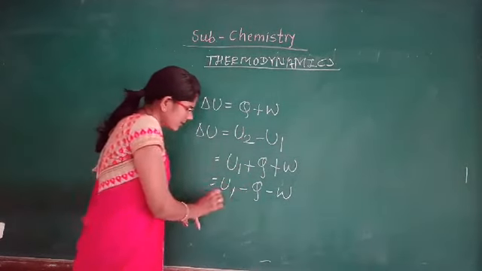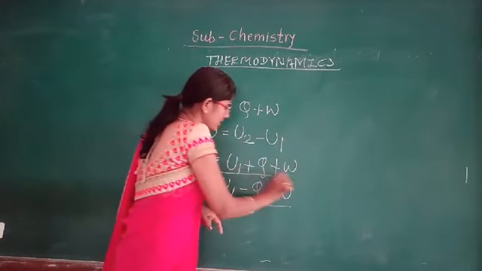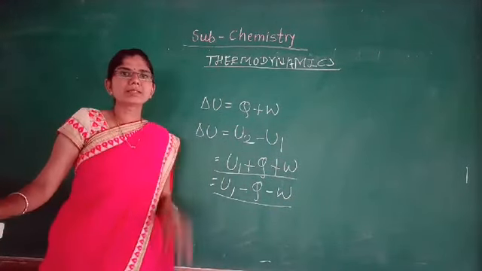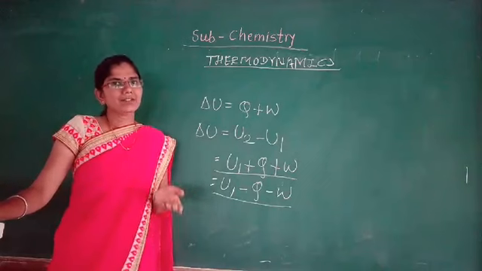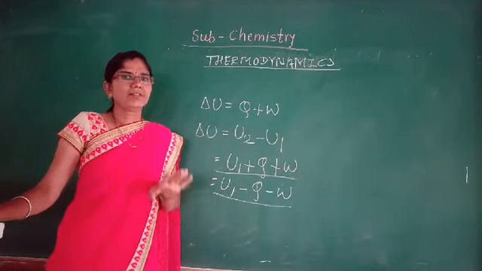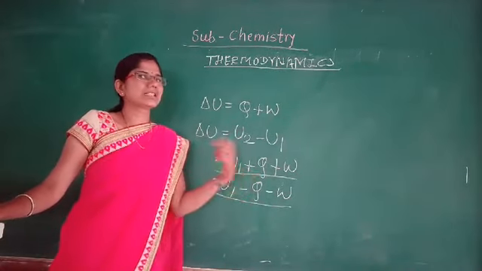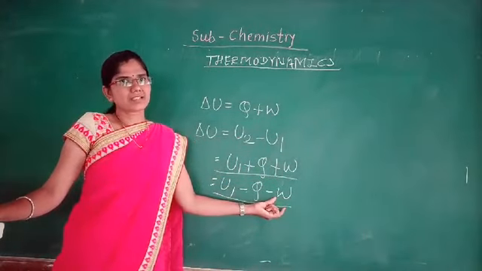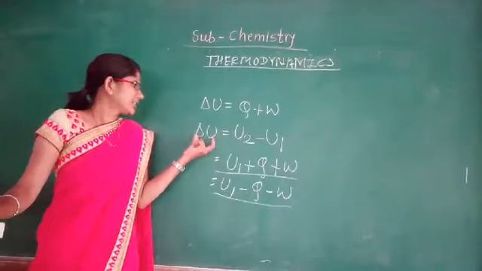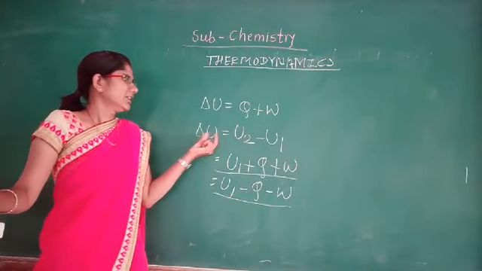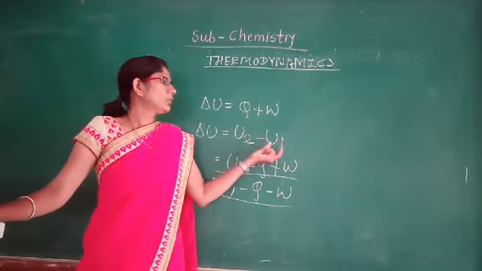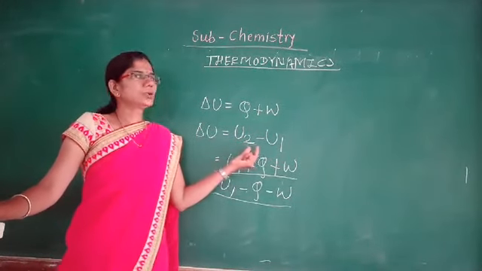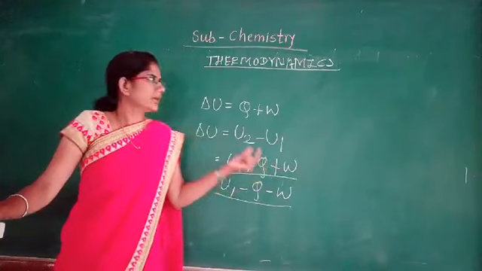These are the two types of change. Therefore the change in internal energy is U2 minus U1.